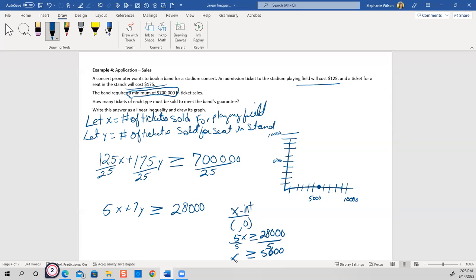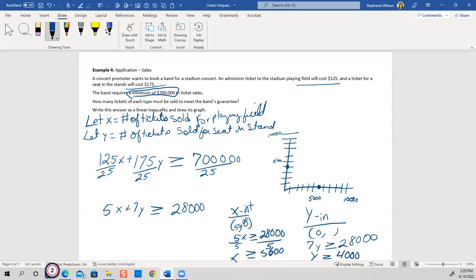It's going to be here. Let's do the y-intercept. We plug in 0 for x. So I get 7y is greater than or equal to 28,000. We divide by 7, and 28,000 divided by 7 gives 4,000. So I'm going to mark it right here.